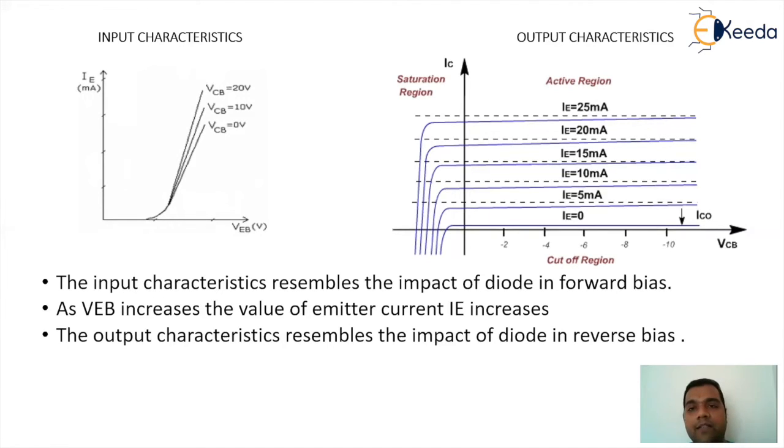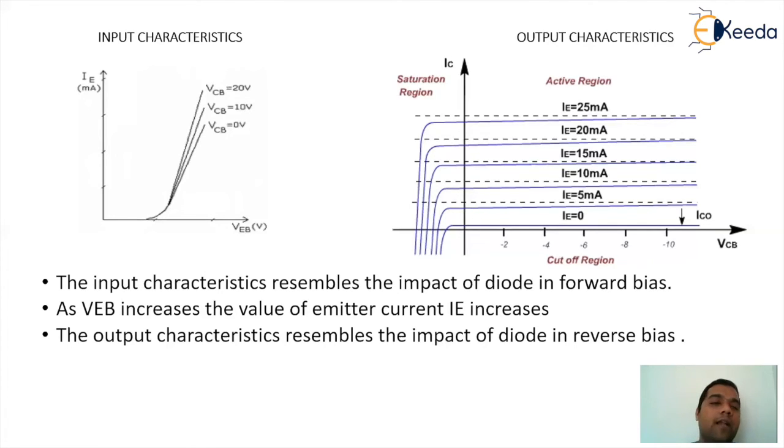And on similar lines, when you take a reading for the output side, where the relation is between IC and VCB, at that time the input parameter, emitter current, will be kept constant. So you will be continuously varying the value of VCB and noting the value of IC for a fixed value of IE.